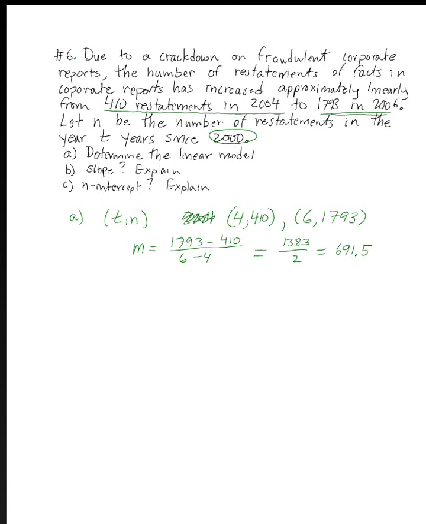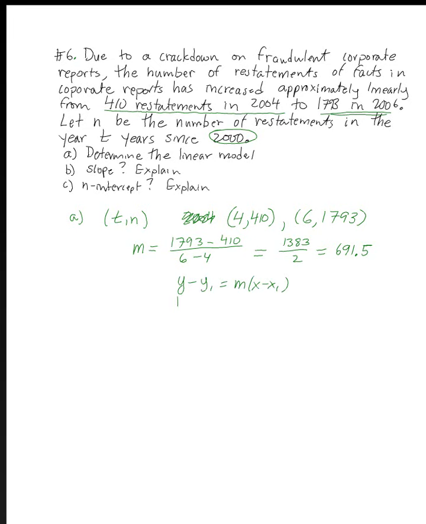Once again, I notice that I don't know the intercept because I don't have a 0 for either of my x values. So I think I would use y minus y1 equals m times x minus x1, except we're not using x and y, we're using n and t.